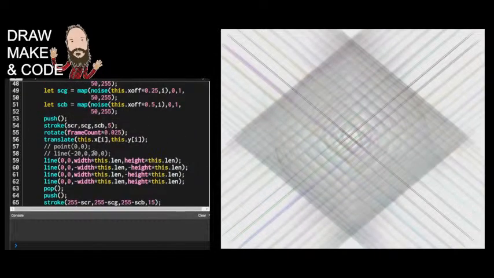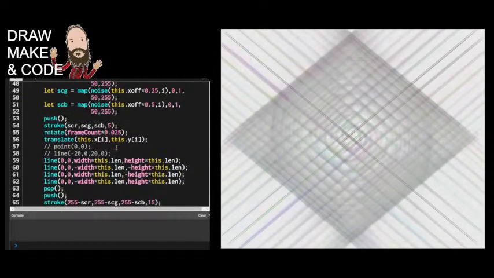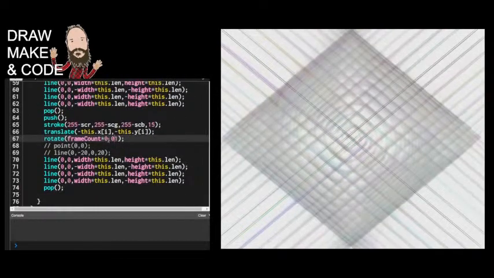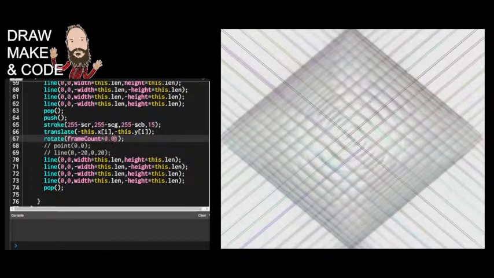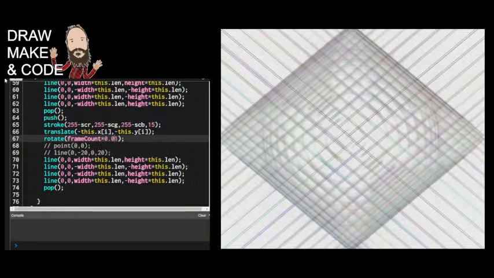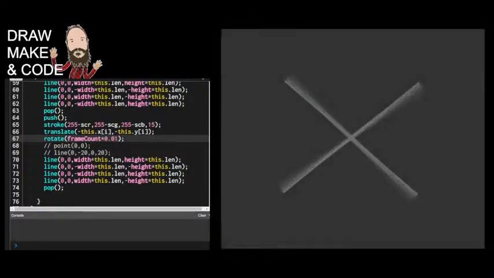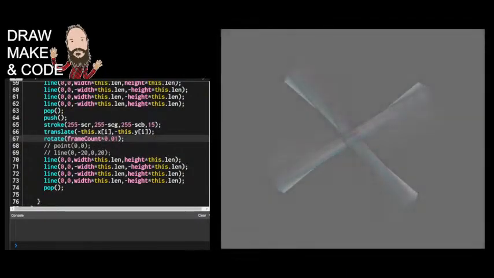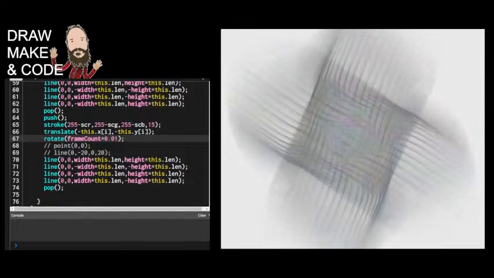So if I am rotating this by 0.025, and then I rotate this by 0.01, there's going to be a lot of intervaling. There's an actual word for this thing that I'm talking about with intervals of geometries in rotation. It's been used in art and design for a long time, and I'm embarrassed that I can't remember the name of it.